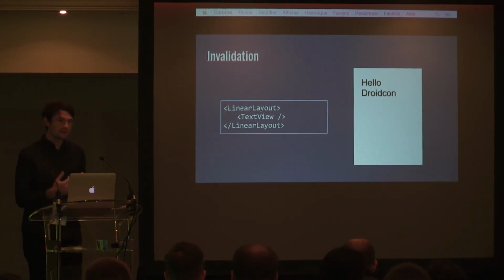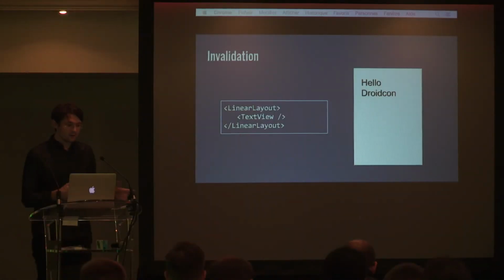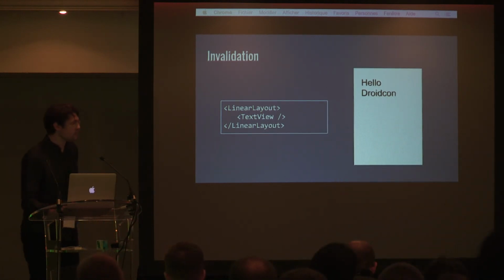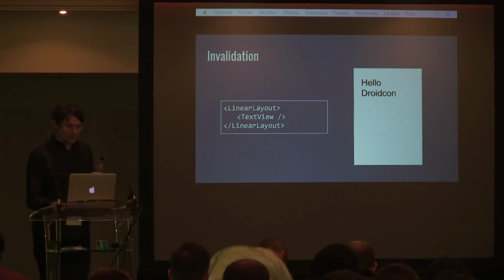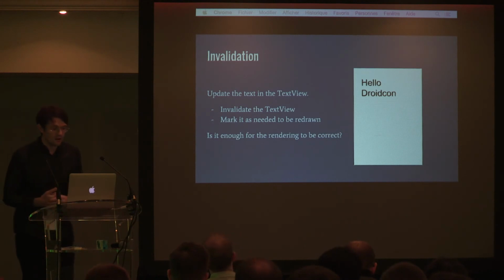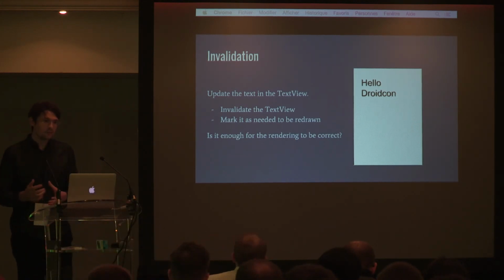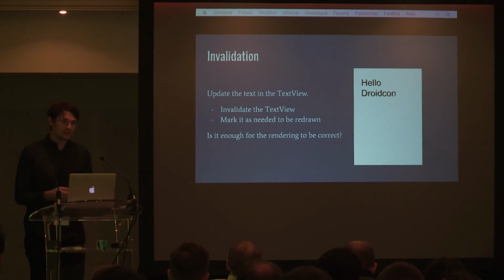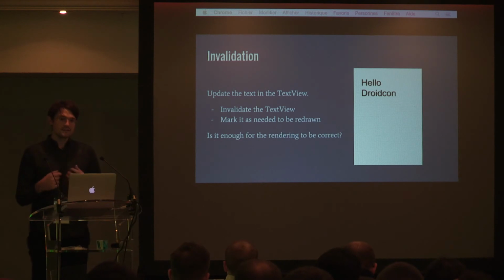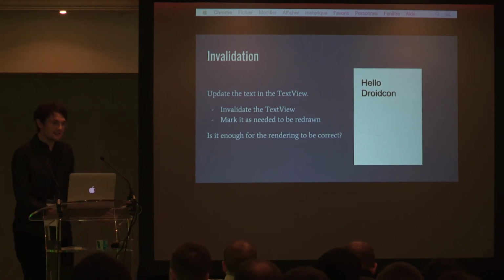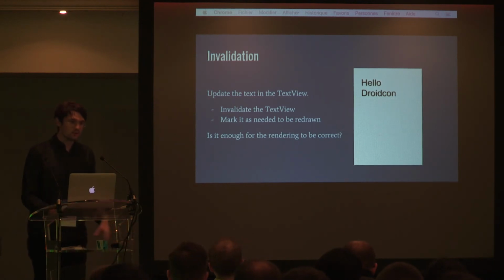When you do an update, for example, I have quite a simple layout. I have a linear layout and a text view. What occurs if I want to change the content of the text view? Well, when I do the set text on the text view, Android will mark this view as dirty with the invalidation. So this view will need to be redrawn. Question, is it enough to just redraw this view?